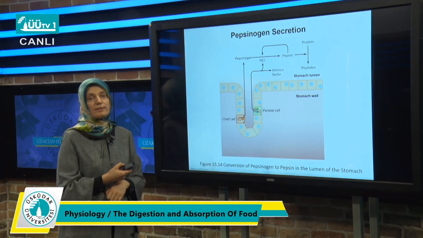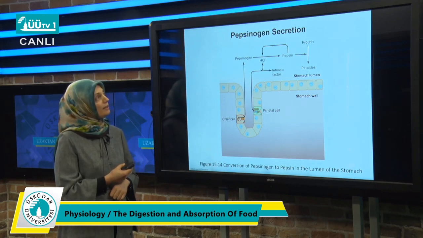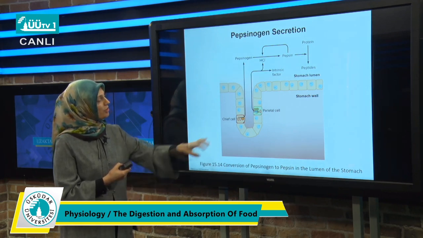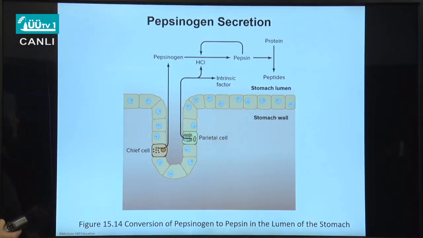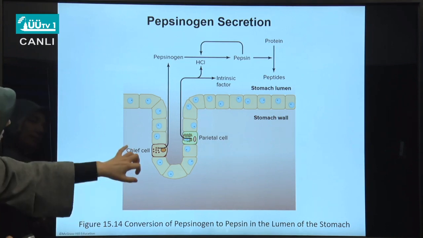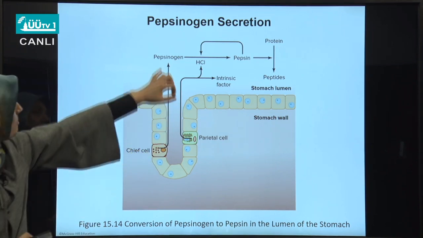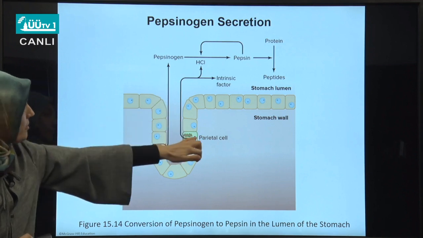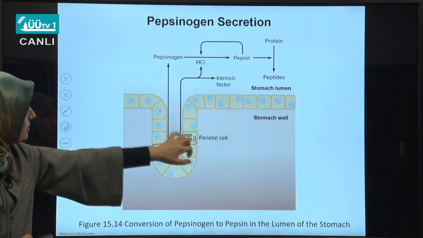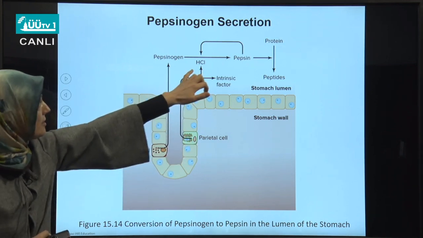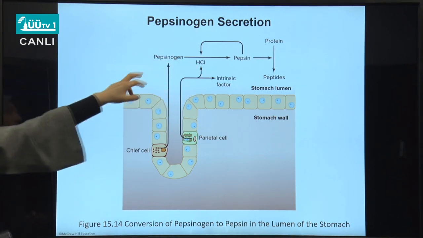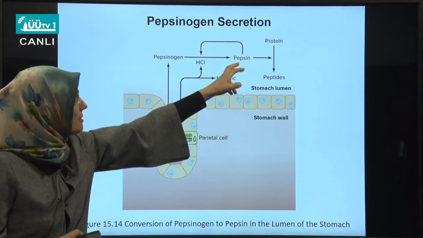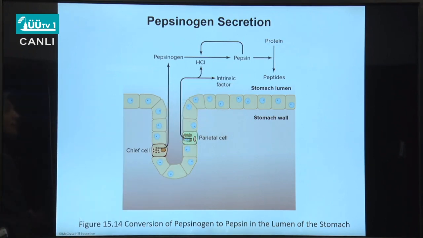And pepsinogen is a very important enzyme which is secreted by the chief cells in the stomach. Pepsinogen is required for the digestion of proteins. The chief cells secrete the pepsinogen into the lumen, and the parietal cells secrete the hydrochloric acid, and in the presence of hydrochloric acid, pepsinogen is converted to its active form, pepsin, and then pepsin degrades the proteins into peptides.